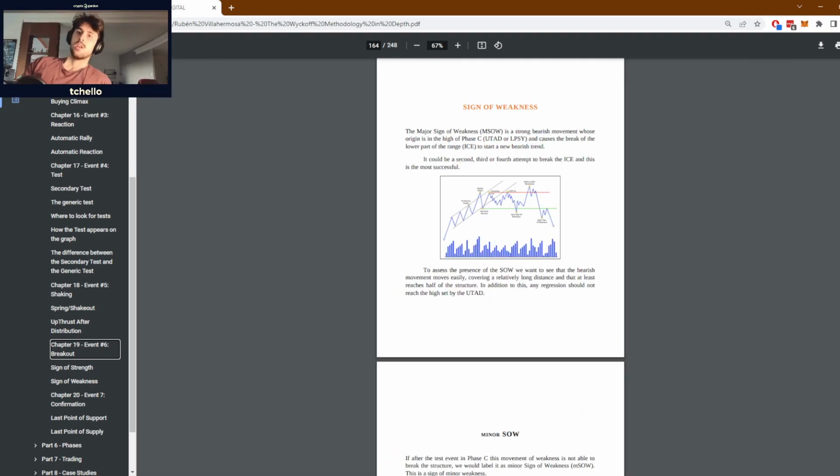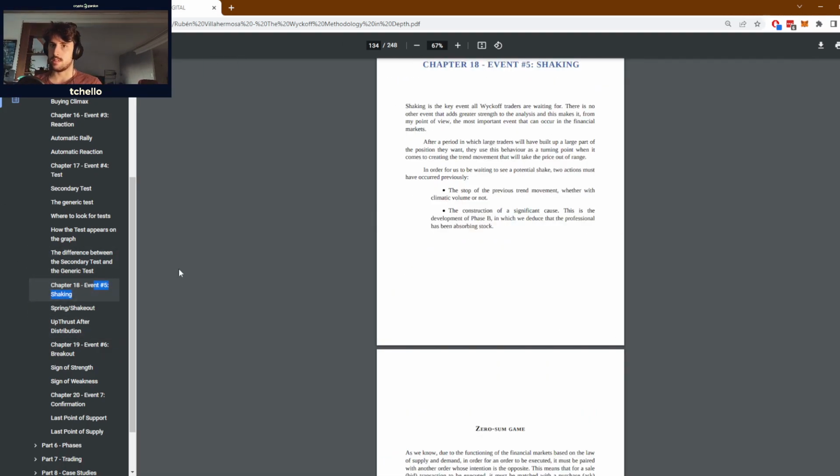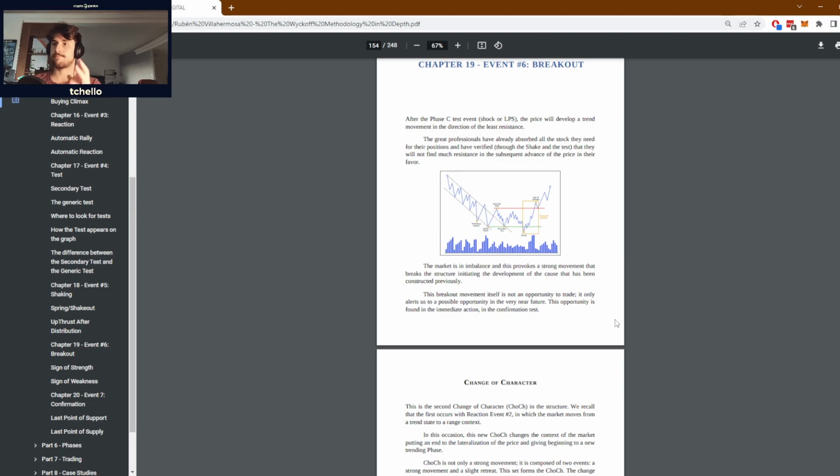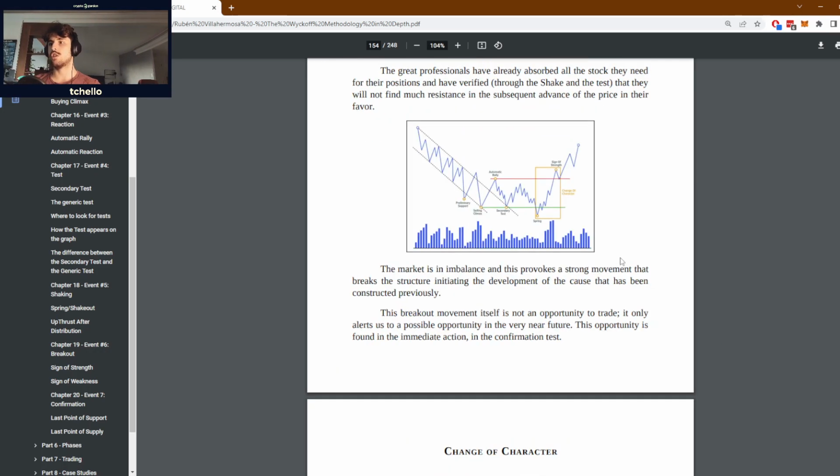All right, we can label some events in between those, but essentially the breakout is not only a strong movement that shows us a different structure in the market, it is not an opportunity to trade, right? I don't like trading breakouts. I don't like trading very much to begin with, but I think that trading breakouts is essentially a recipe for disaster, right?